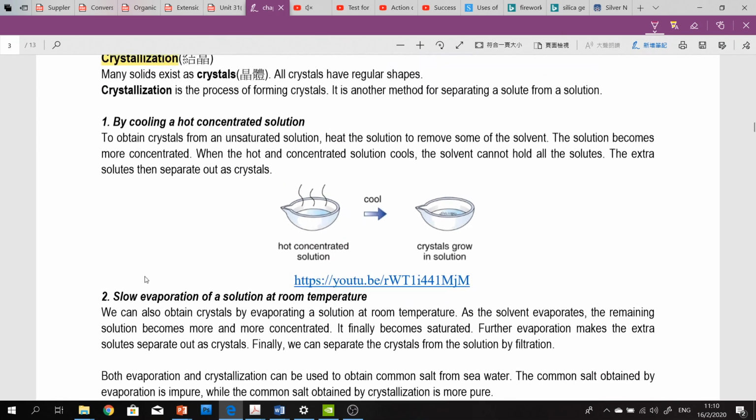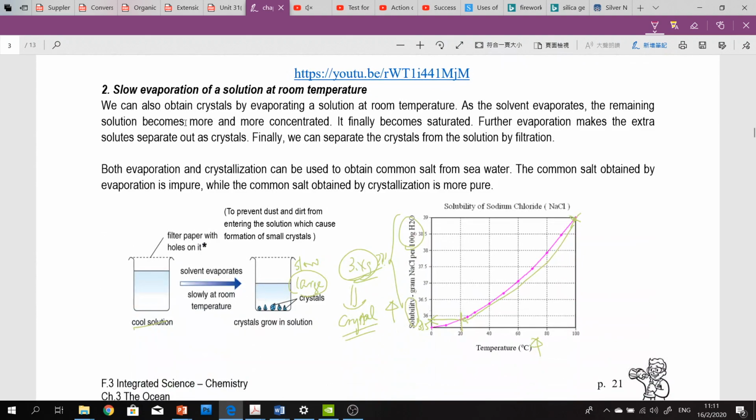We have two ways. If you want smaller crystals, you can do it in a more efficient manner by cooling a hot concentrated solution. But if you use slow evaporation of a solution at room temperature, you will get larger crystals.